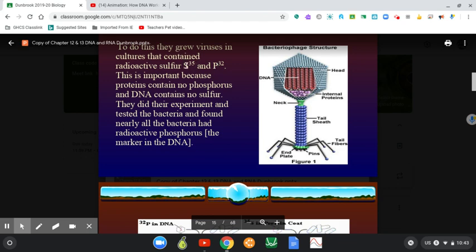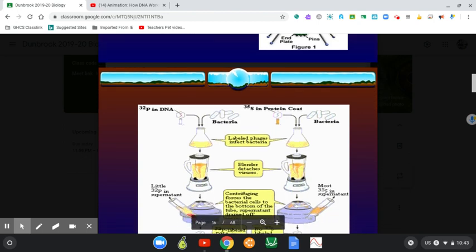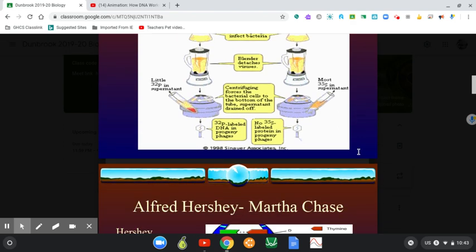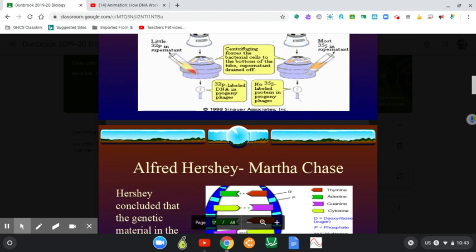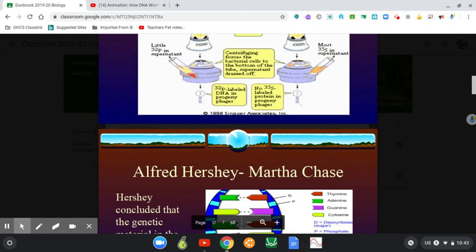So they're going to follow these chemicals to see which one, the DNA or the proteins, got into the bacteria cell. Okay? And lo and behold, I'm sure you can kind of hypothesize what happened when he did this. Don't worry about all the details here. But when he put these viruses onto the bacteria, he found that the bacteria ended up having all phosphorus inside of them, which meant, remember, phosphorus comes from DNA.